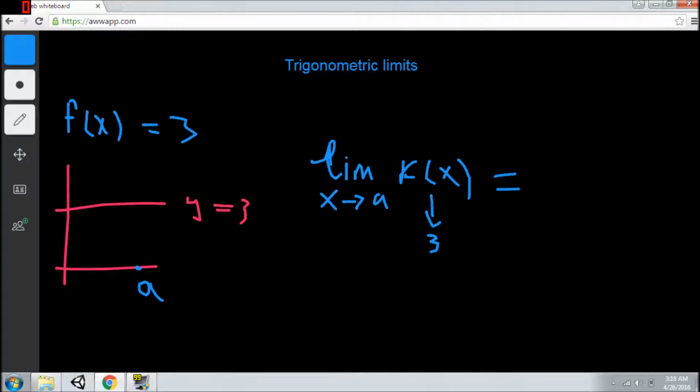If you ask what is y at x equal a, it's going to be 3. At x equal 4, it's going to be 3. So the function is always equal to 3. If I ask what the function is approaching as we approach any x, the value is 3. So the result for this is actually 3.